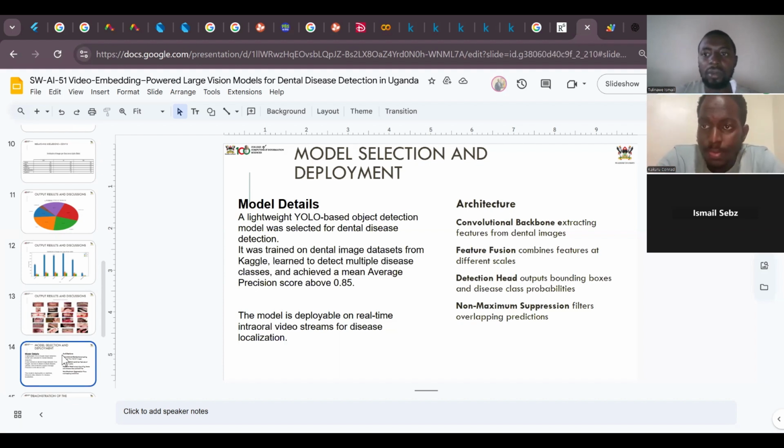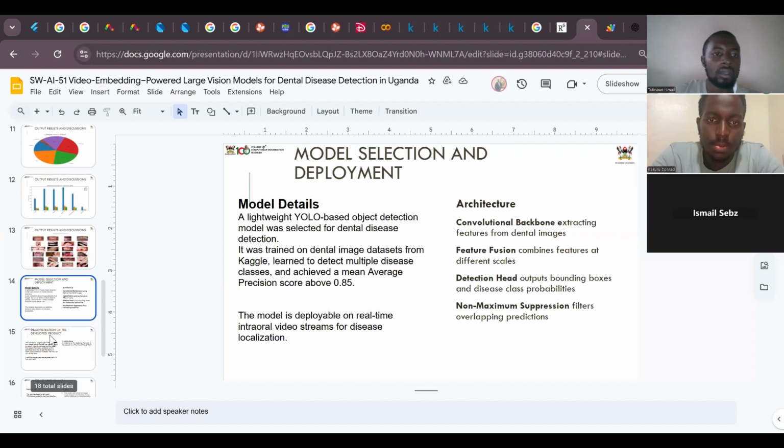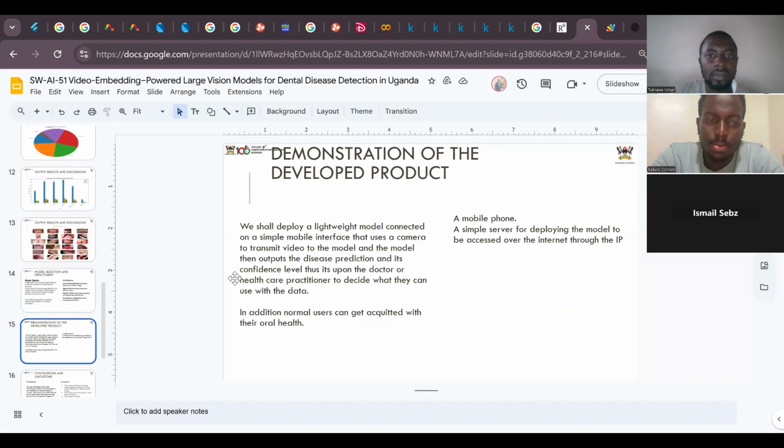So YOLO looks at the image once and then classifies it. For the demonstration, we shall deploy this model to mobile devices, cameras and smartphones, though we haven't deployed this model to these devices.